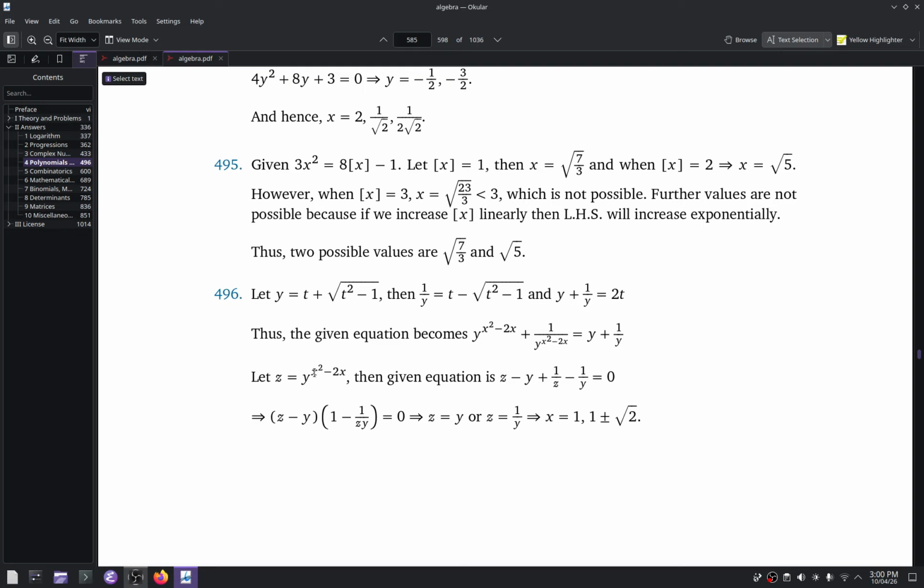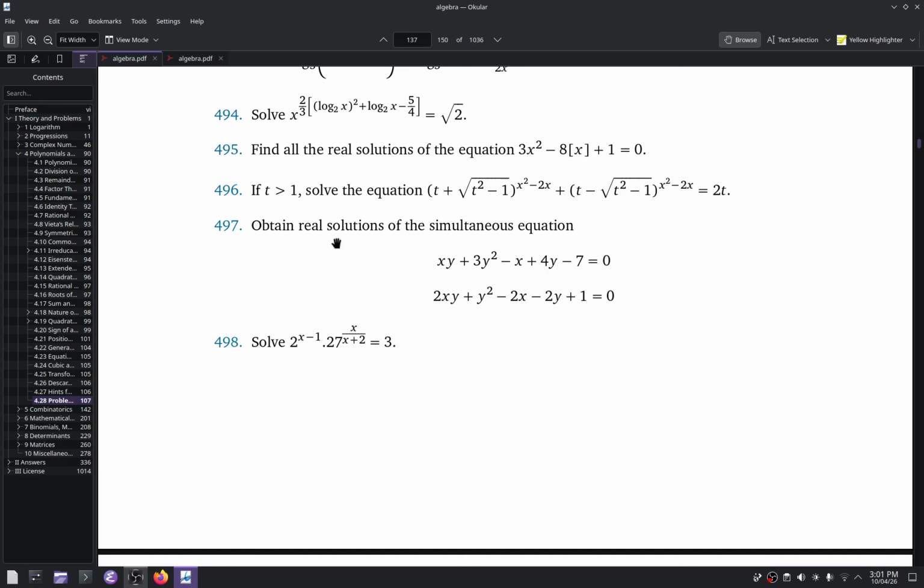The coefficient of x² is 1 and the constant term is −1, so that is minus 4 times minus 1, which gives 4. So 4 and 4 is 8, and the square root will be 2√2. So the roots will be (2 ± 2√2)/2, and that's what gives you 1 ± √2.